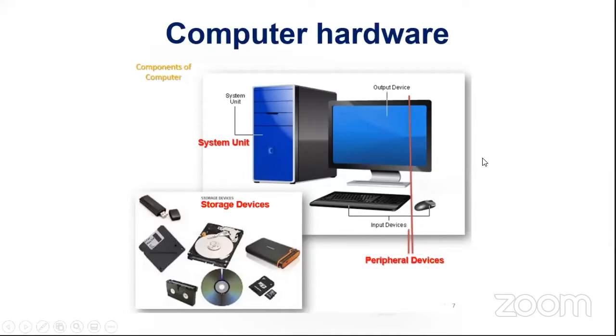In this diagram, it is shown that the peripheral devices consist of the monitor, keyboard, and mouse, whereas the storage devices are the hard disk, USB thumb drive, memory card, tape, 5/4 inch or 3.5 inch floppy disk, CD or DVD disk, and also SSD. The computers that we are using today are no longer equipped with 5/4 or 3.5 inch floppy disk.